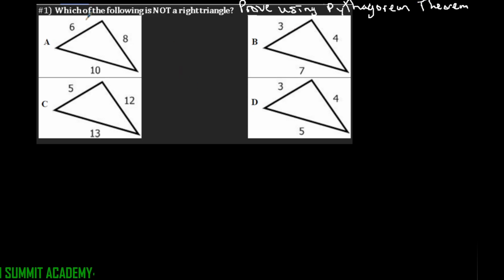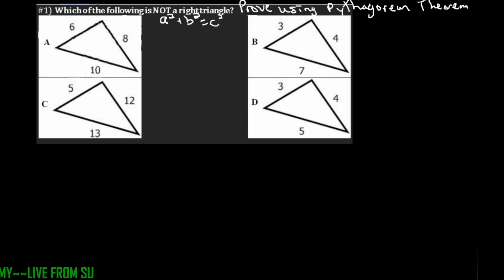And what you need to do is say, well, okay, I have a squared plus b squared equals c squared, but I need to make sure that, out of those three side lengths, because I don't see a right angle, because that's what we're trying to prove, is if this is a right triangle or not. We have to say, well, I know that 10 is the largest, and so I can write it like this.